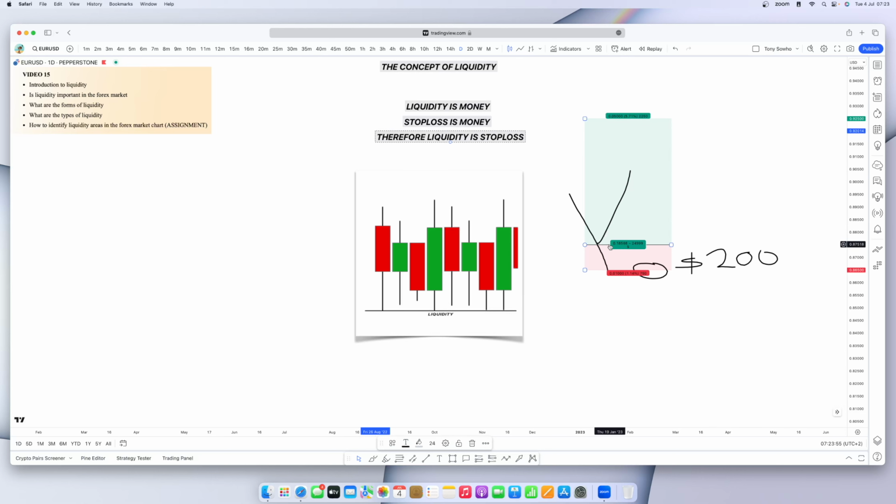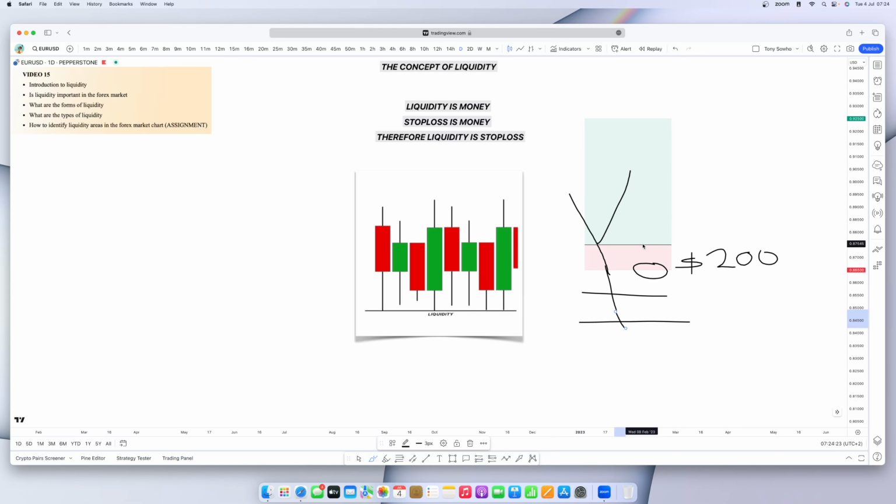Again, you're getting in at this area. You want to buy. It's the same thing if you want to sell. But in this case you're buying, you're protecting your capital with a $200 risk. Because if you do not protect your capital on this trade, and it continues to sell down, this is going to be more than $200. If you get here, this is probably around $400. If you get here, this is probably around $600 you're running in loss. So you want to protect your capital in every trade you're taking.